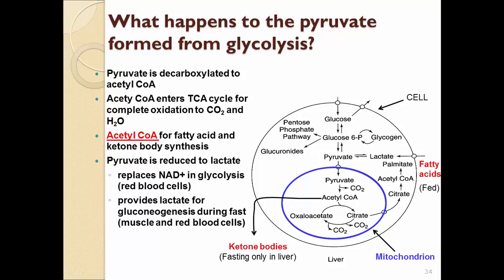So pyruvate is converted to acetyl-CoA, and acetyl-CoA enters the TCA cycle for complete oxidation to generate CO2, and more ATPs, NADH, and FADH2 are produced during the TCA cycle.